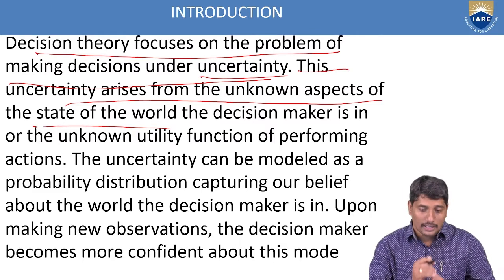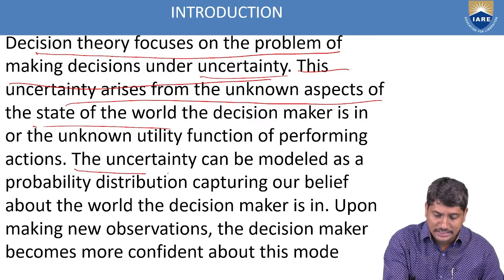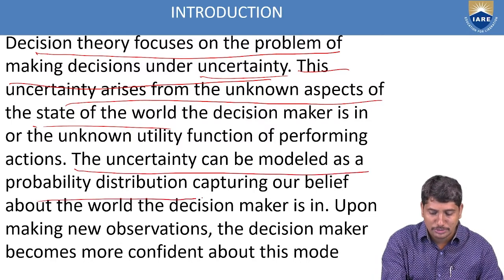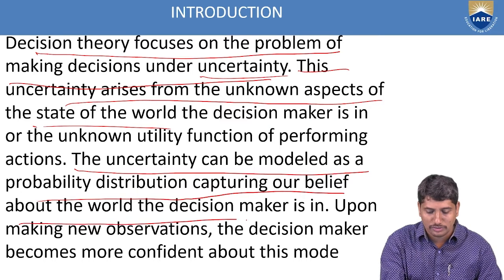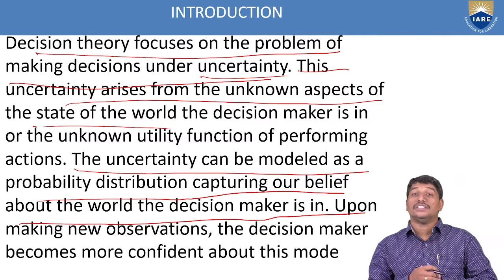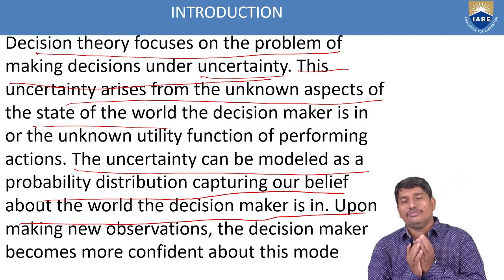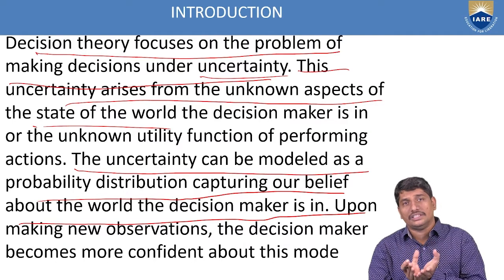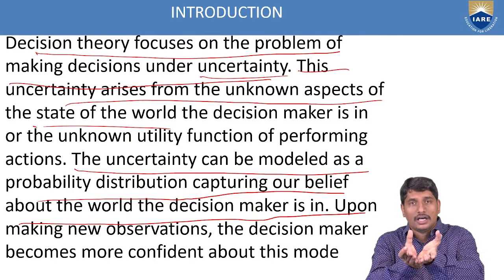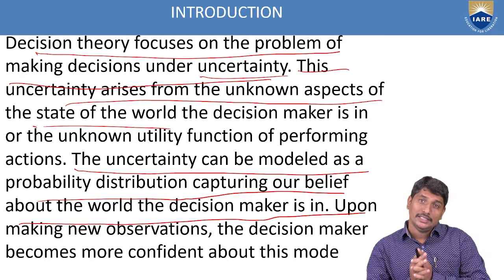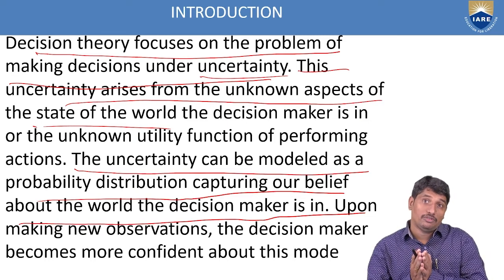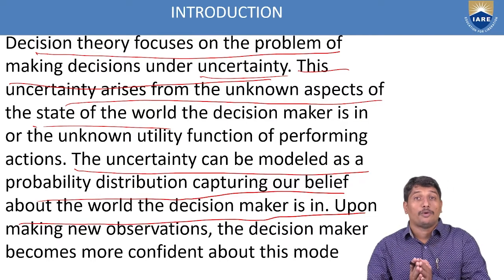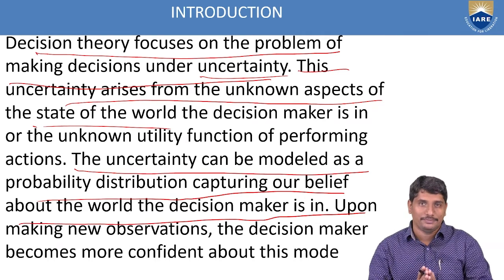The uncertainty can be modeled as a probability distribution capturing our belief about the world the decision maker is in. So how could we use mathematics in resolving this uncertainty? We must take the help of probability, because we know probability is a measure of uncertainty, right?